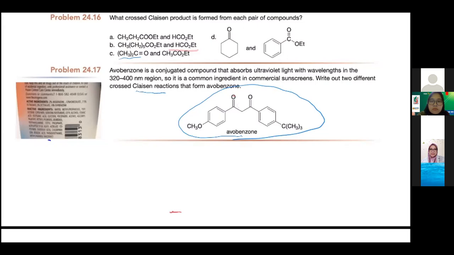This one is both the keto ester and the Claisen reaction here, and we can understand how to make this one. But at first I think we break this bond. And this one, the methyl, OEt.